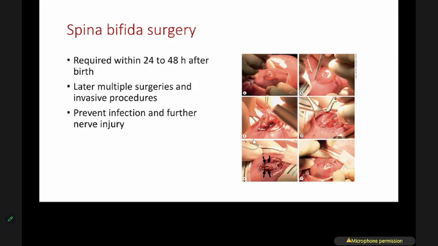Instead, parents are told that it's useless, and then the baby eventually gets meningitis, and the baby suffers much more by just leaving it without attending to it, rather than prompt surgery and prevention of ascending infection. So it's not just one surgery. The neurosurgeon gets involved over and over several times. There will be multiple surgeries performed at different time points.